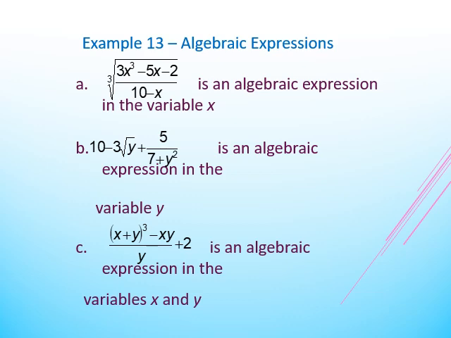Here the third root of this fraction is an algebraic expression with variable x. Another one here is an algebraic expression with variable y. See here, this fraction which is added to 2 is an algebraic expression with variables x and y.